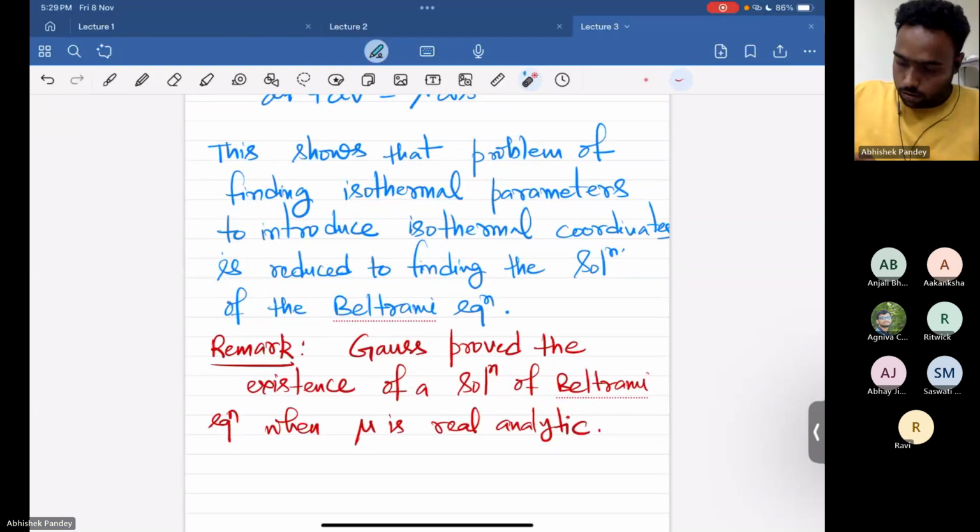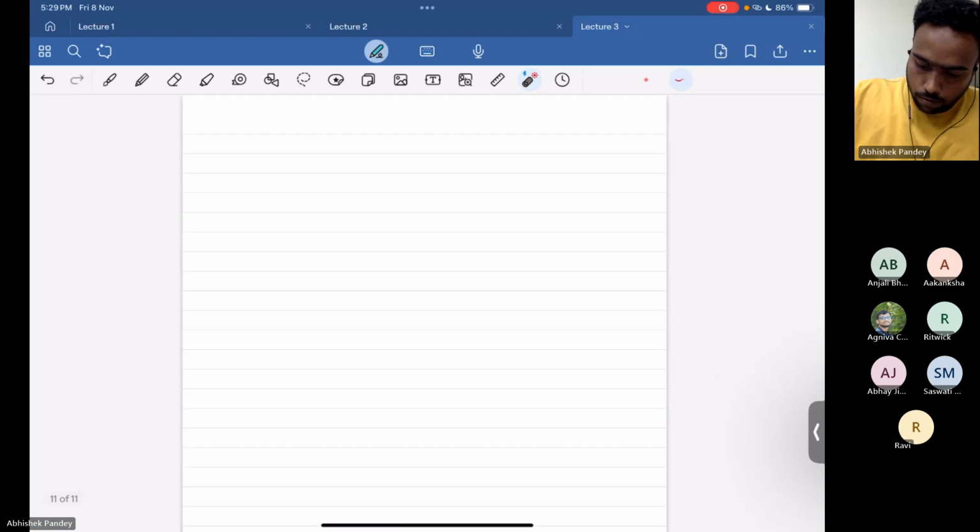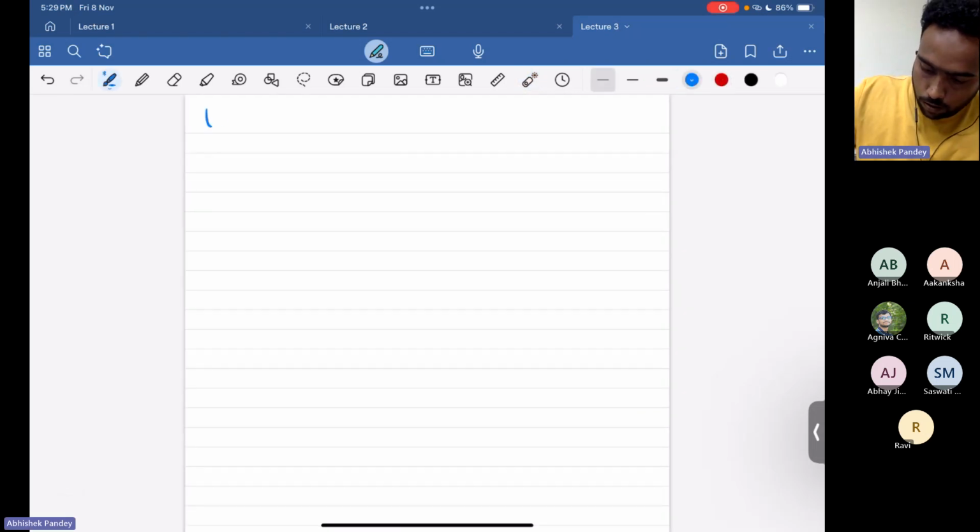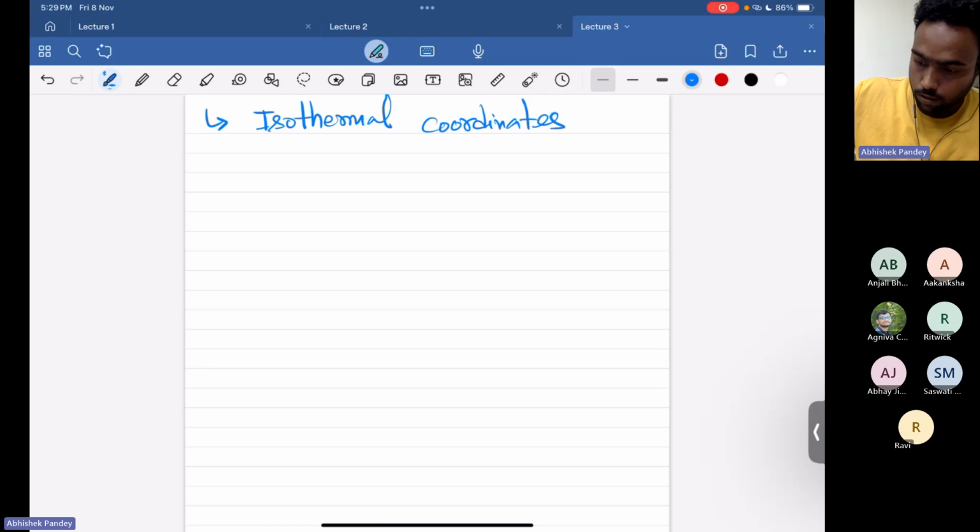So basically, isothermal coordinates define a natural complex structure.